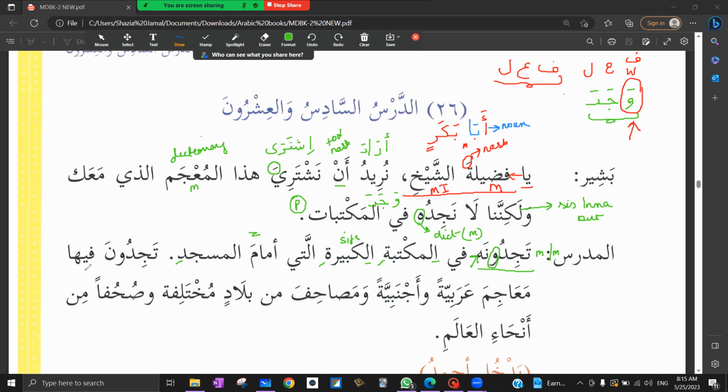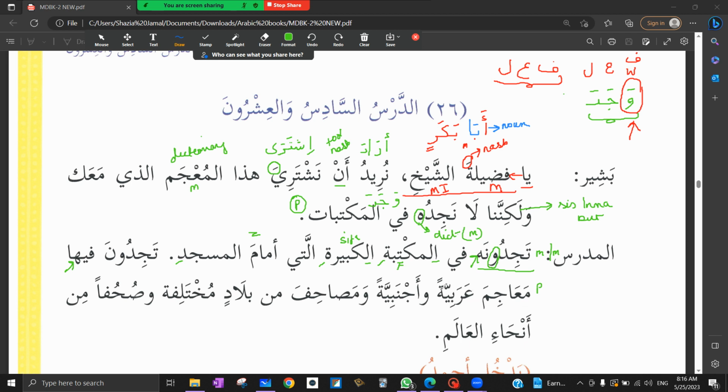Tajiduna fiha ma'ajima arabiyatan. You will all find in it. Fiha, this damir is for whom? For the library, because this is female, that's why the damir is for her, singular, she. Ma'ajima, this is the plural of mu'jam.